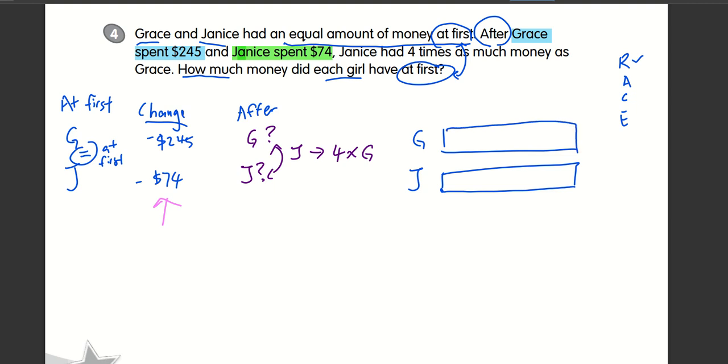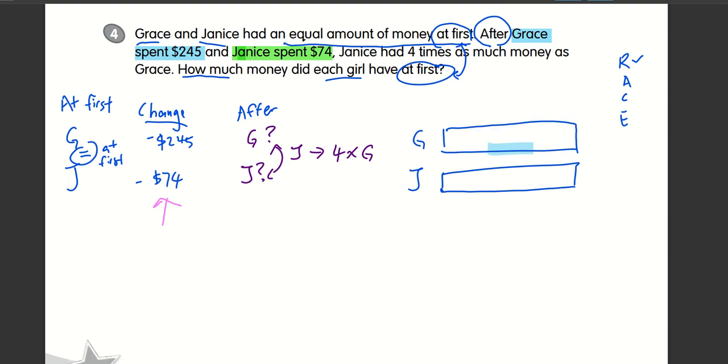So she spent an amount of money that's more, and then Janice spent less. Maybe it's a bit difficult to color how much, but let's take a look at the relationship after that.